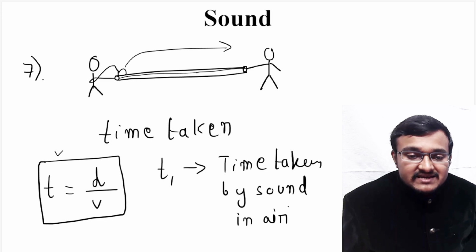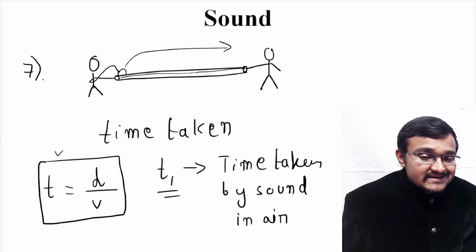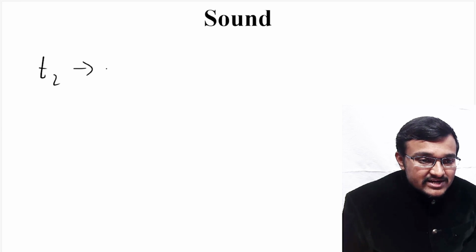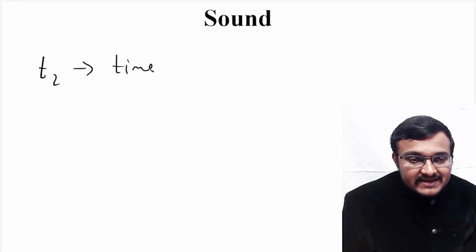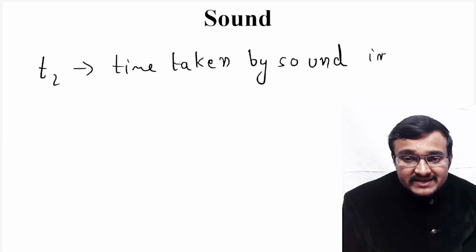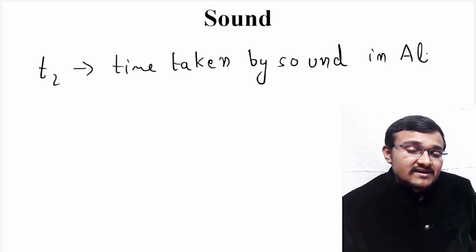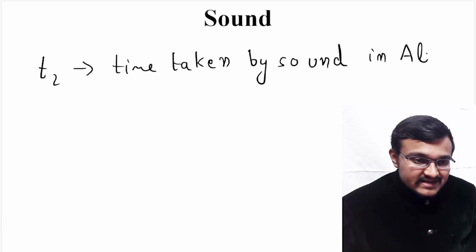So let's say the time taken by sound in air is t1, and let us consider t2 as the time taken by sound in the aluminium rod. So this is T2, and the time taken by the same sound wave in air is T1.